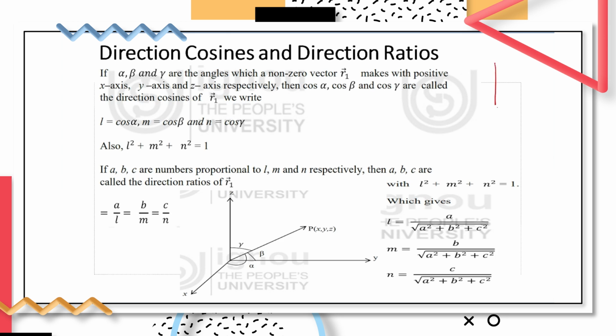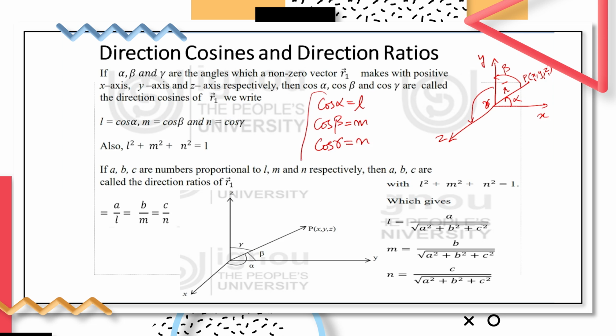We learned in our earlier session that if we are in a 3-dimensional space, say x, y and z, and there is some point P, with vector r from point O to point P, having coordinates x, y, z, subtending angles alpha, beta, and gamma with the positive x, y, and z axes, then cos alpha is represented by l, that is direction cosine, cos beta is equal to m, and cos gamma is equal to n.